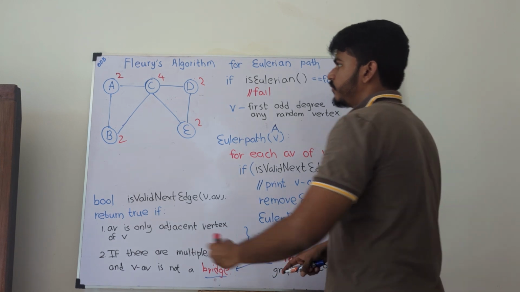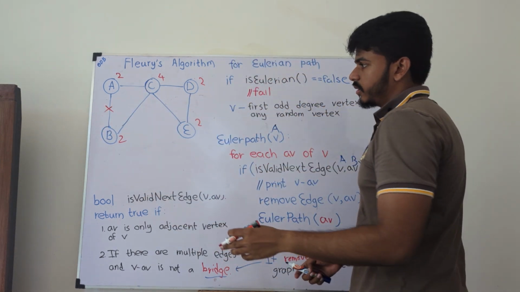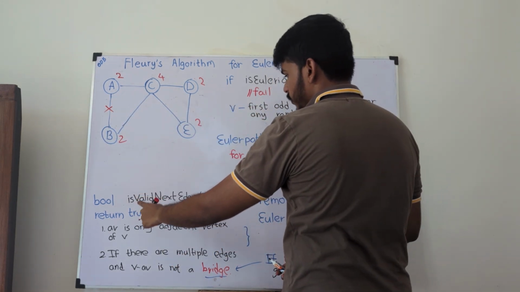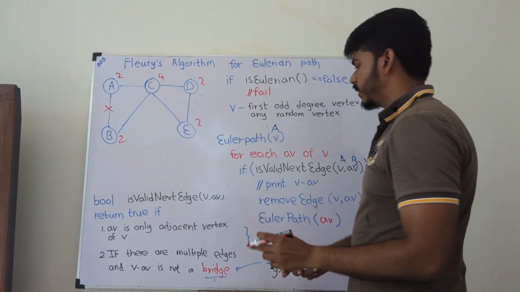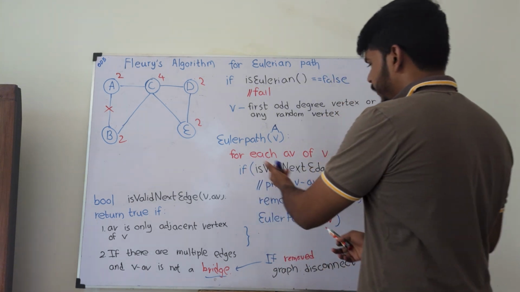Here you can see if we remove this edge, the graph doesn't become disconnected. So this edge is not a bridge. So this becomes true, and it is a valid next edge. So first we are going to print this edge since this becomes true.